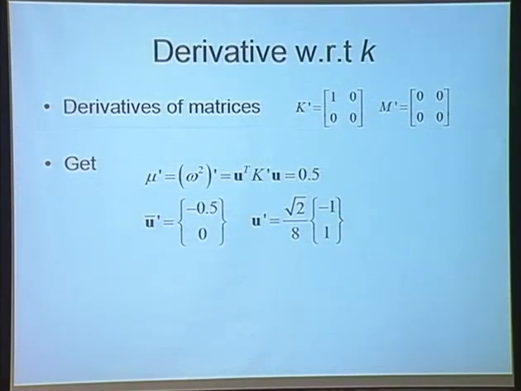What does U bar prime tell us about what will happen as we change K? What will happen to the vibration mode? Remember, the original vibration mode was 1, 1.